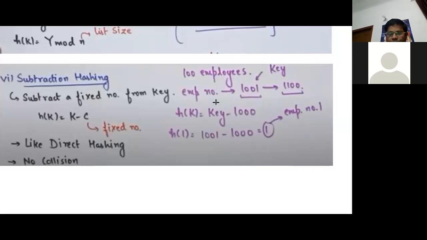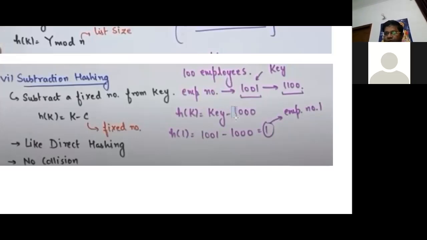So what you have to do is apply the hash function given by key minus the fixed number. Here the key value of the first employee is 1001, and we already know that there are a total of 100 employees and their database starts after the 1000 value.